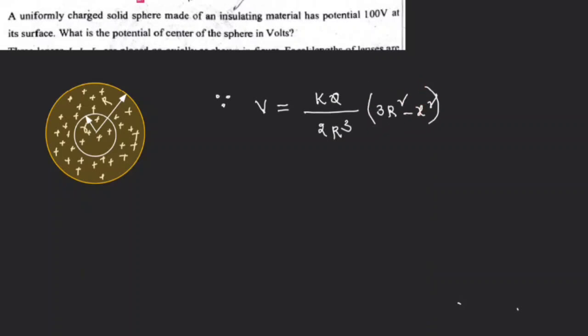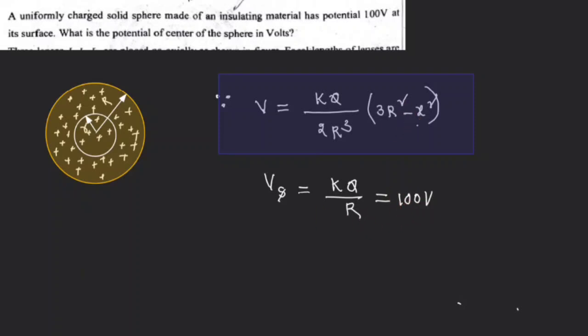This is the potential formula inside a solid sphere. The potential on the surface is Kq by R, and that is equal to 100 volts.